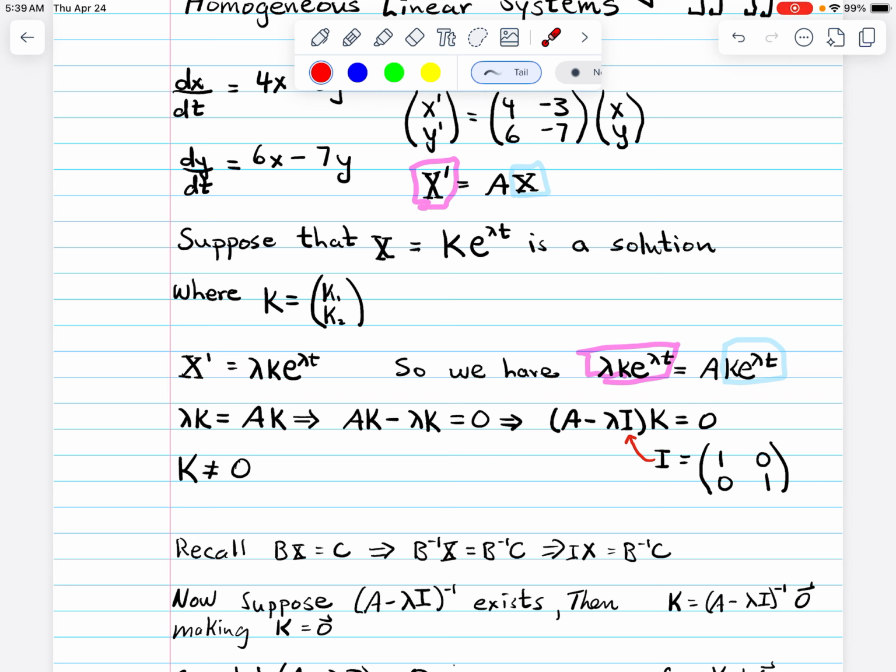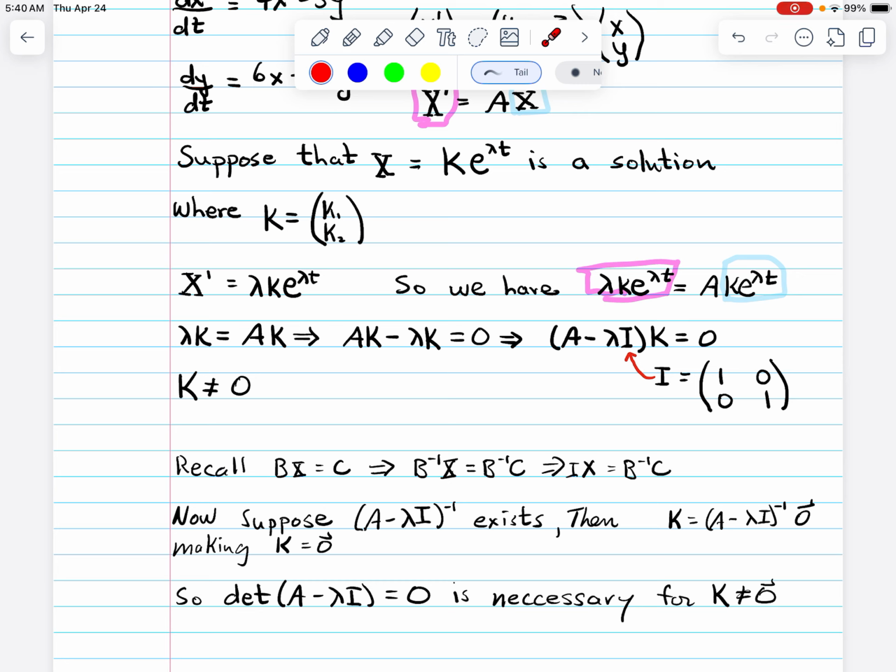Now, what we're trying to do is find this thing right here, this K. That's what we're trying to do, because this vector is part of our solution.